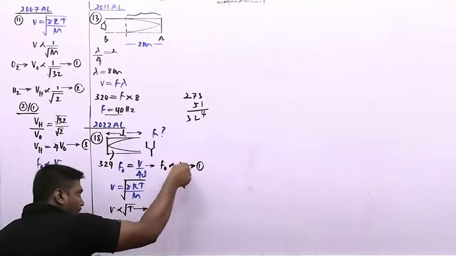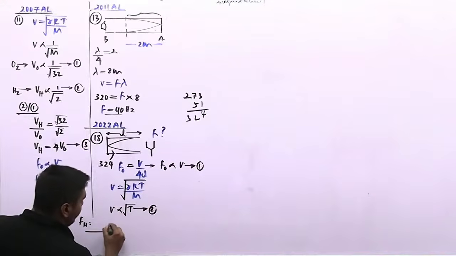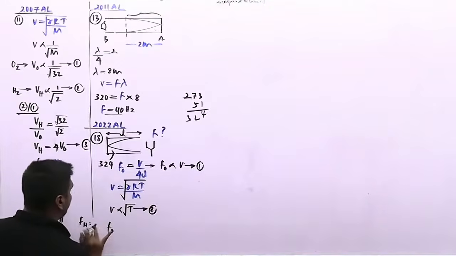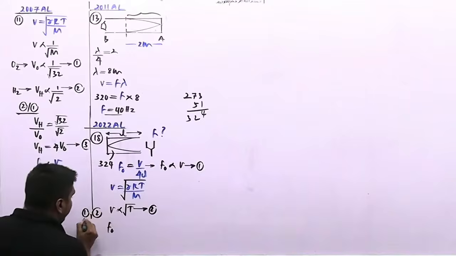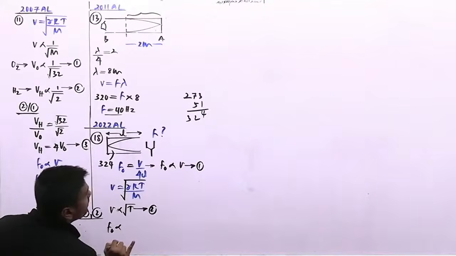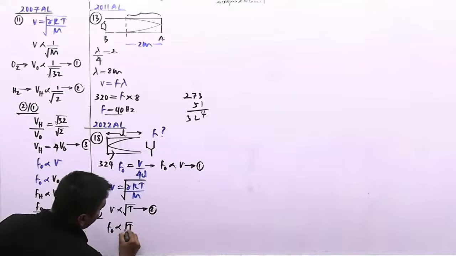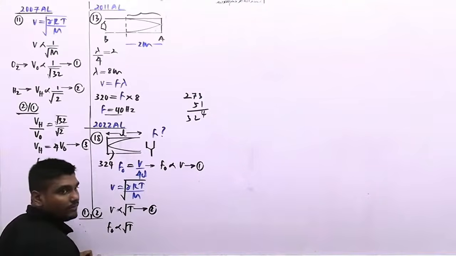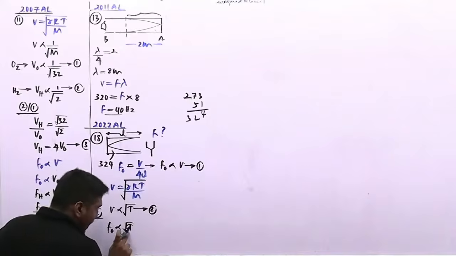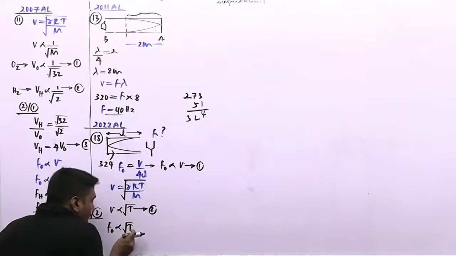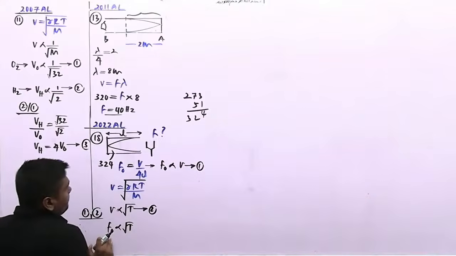So from proportionality 1 and 2, the fundamental frequency is proportional to the root of the absolute temperature. That means the larger the temperature, the larger the fundamental frequency.